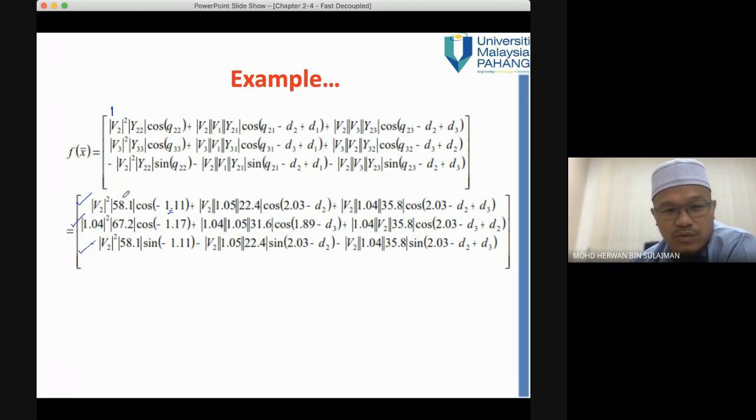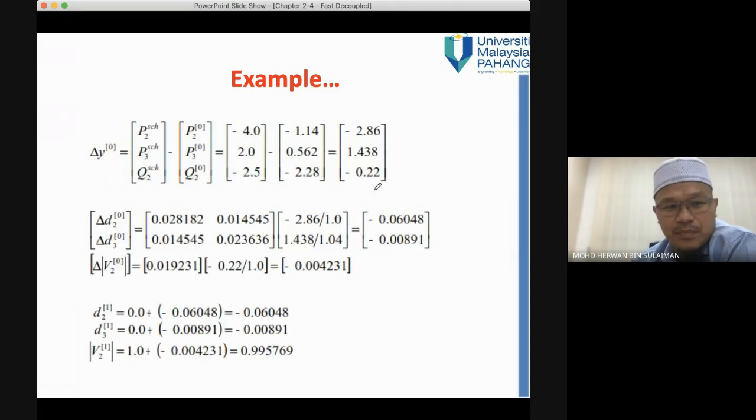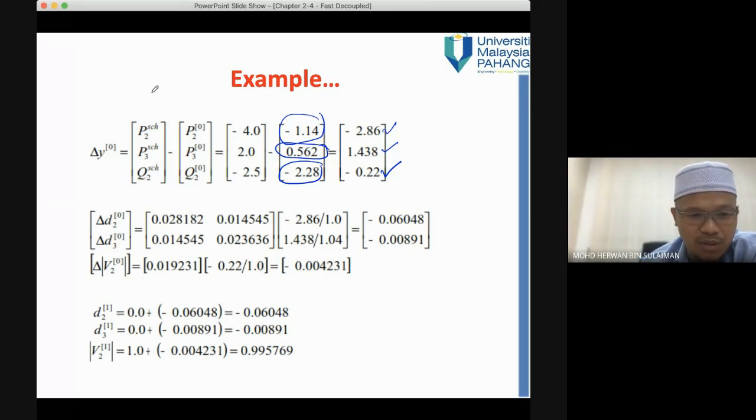So you masuk value semua ni, you dapat for the first iteration, P2 dapat negatif 1.14, P3 dapat 0.562, Q2 negatif 2.28. So you cari dia punya error, dia 2.86, 1.438, negatif 0.22. Once you dapat yang tu, you boleh kira D ni, sebab saya pakai equation D ni theta lah, theta 2, okey.